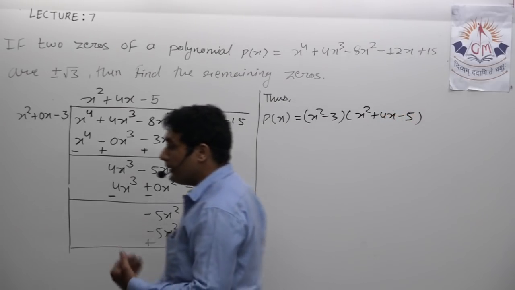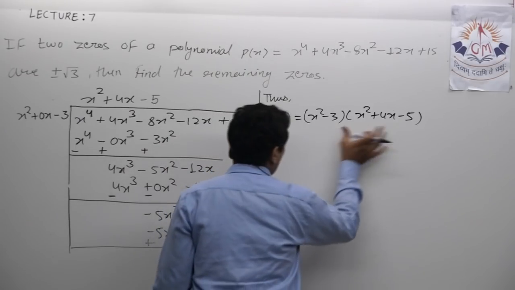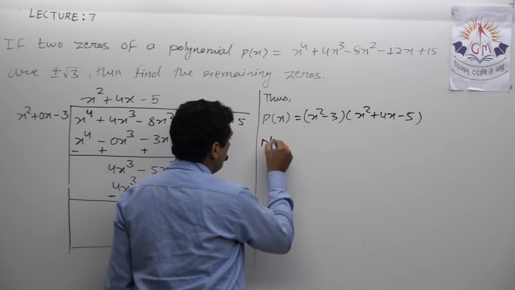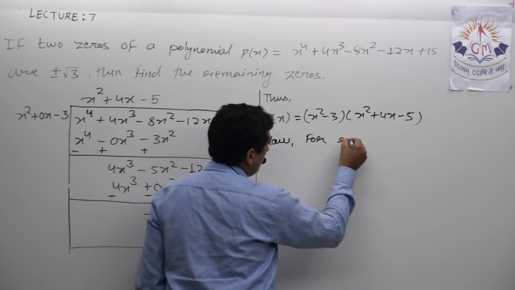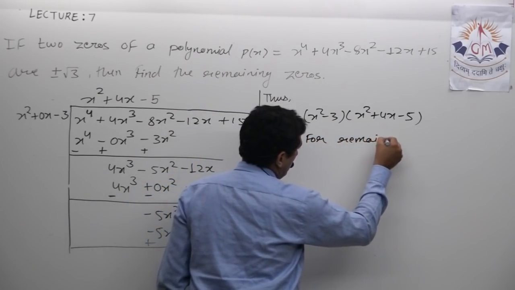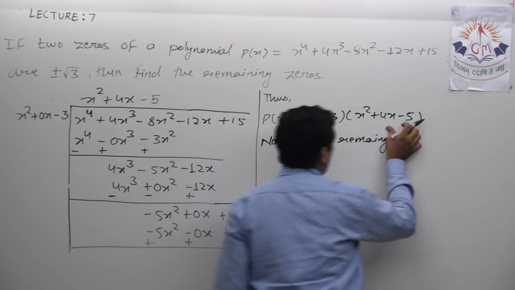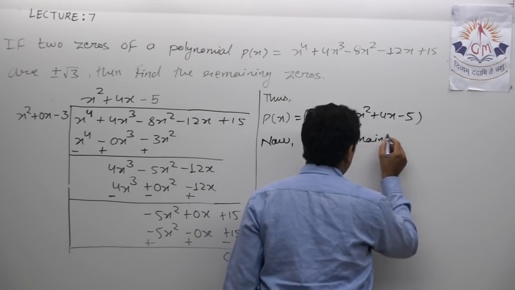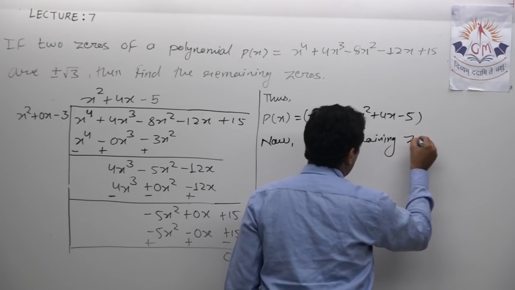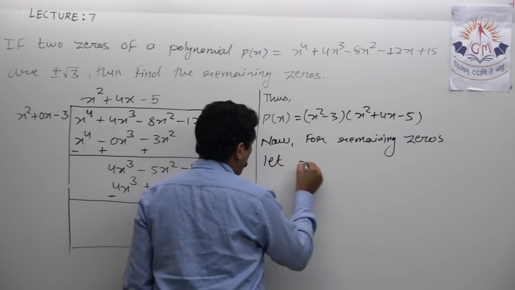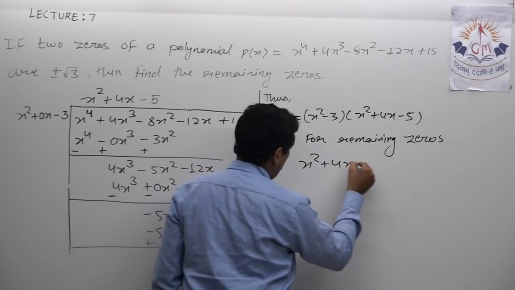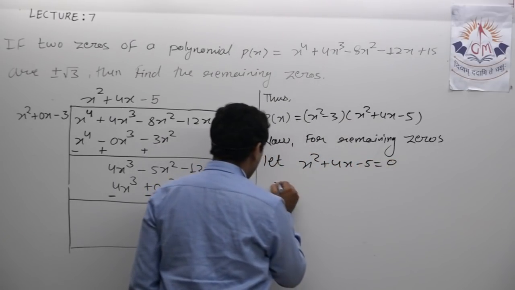Now to get the remaining zeros, I have to take this equal to 0. For the remaining zeros, let x square plus 4x minus 5 is equal to 0.